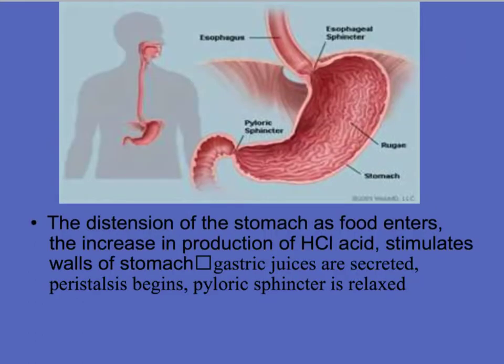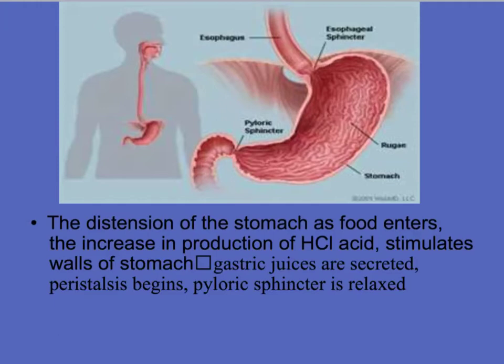The distension of the stomach as food enters, and distension means stretching or getting bigger, will increase the production of the hydrochloric acid that's in there and stimulates the walls of the stomach, so they start churning and mixing. The gastric juices are secreted from the cells in the lining of the stomach.